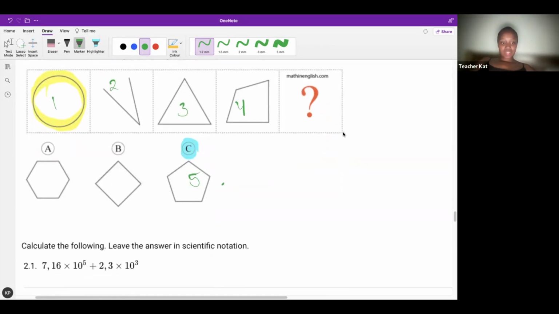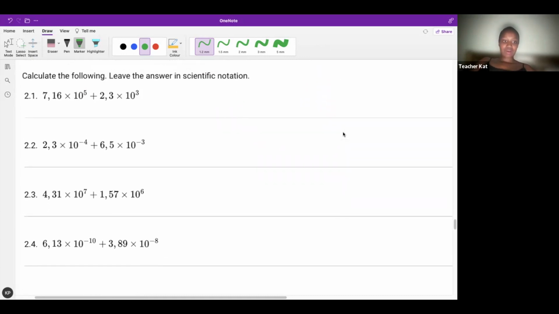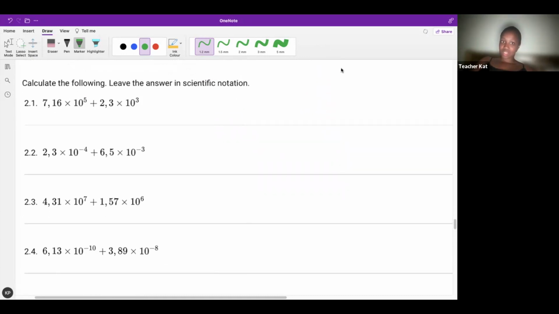Okay, let's get going. Now, let's see what's going on over here. So this time we are not multiplying, we are adding. Now, can we add these numbers as they appear right now?